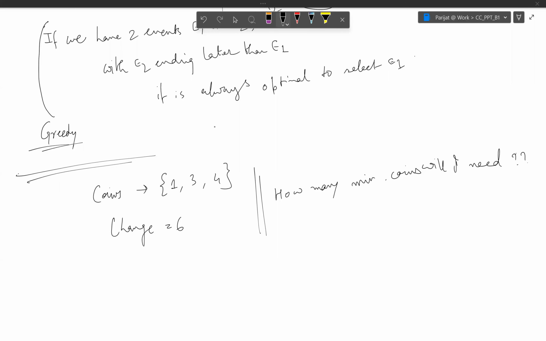Okay, so Atul has come up with the idea that we can start selecting from max value to get the minimum number of coins.